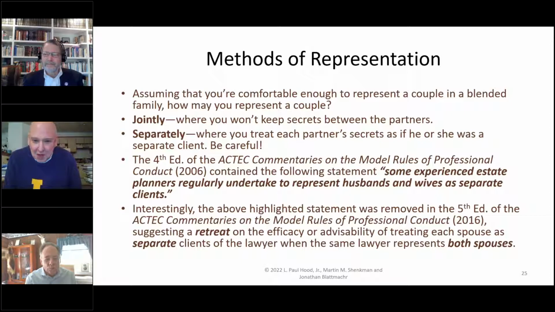One of the biggest proponents for the idea, which I was never comfortable with and never did, was treating a husband and wife as separate clients. I just could never get my arms around and get comfortable with that concept.